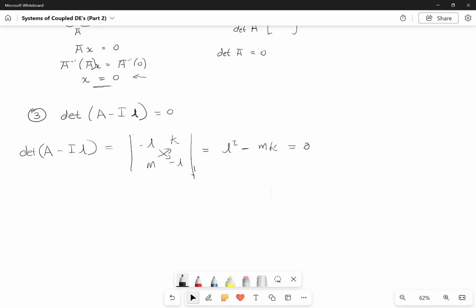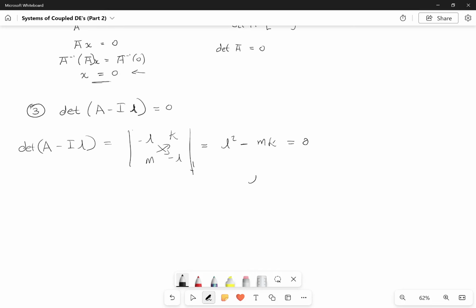All right, cool. So what do we have? Well, this gives us that lambda is equal to plus or minus the square root of mk. Great. So now what do we do?